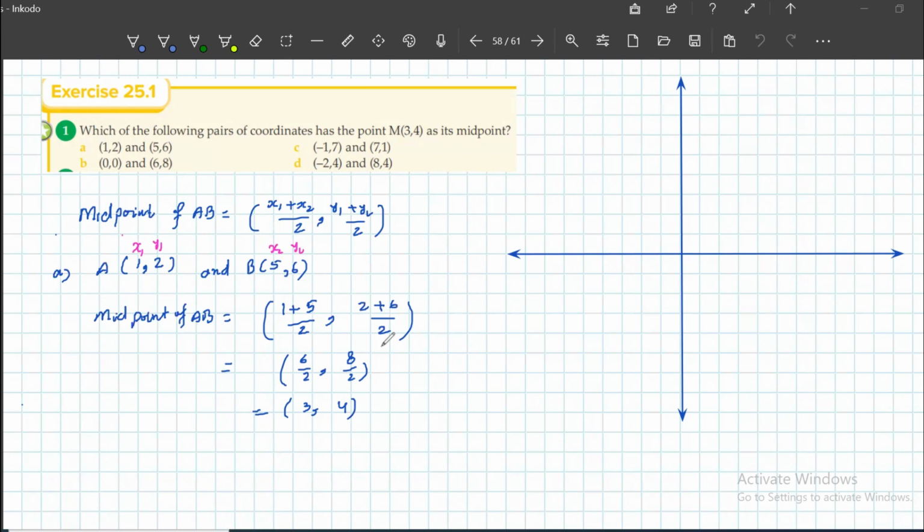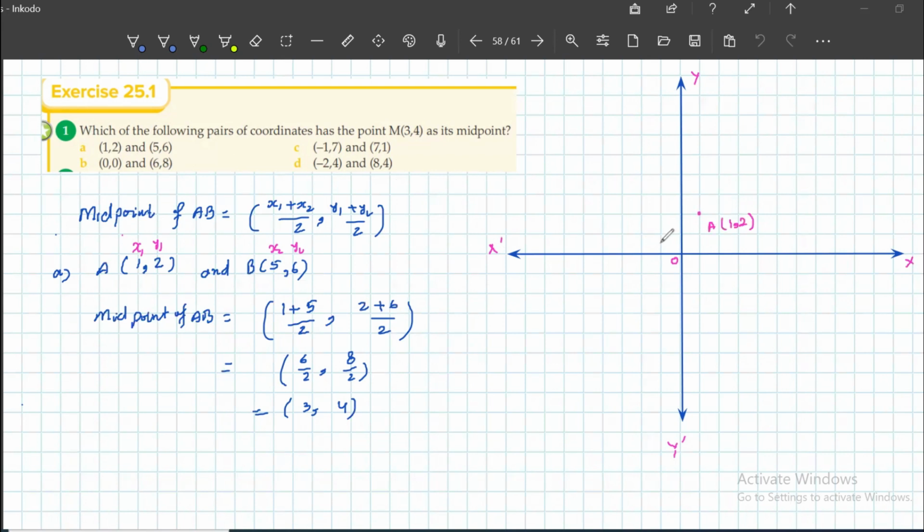How to show it on the graph paper? As you can see on the right side, here we have the x-axis, this is y, this is x dash and y dash. At the origin both x and y are 0, and each box equals 1. So we plot 1 comma 2: 1 unit right, 2 units up. This is my first point.